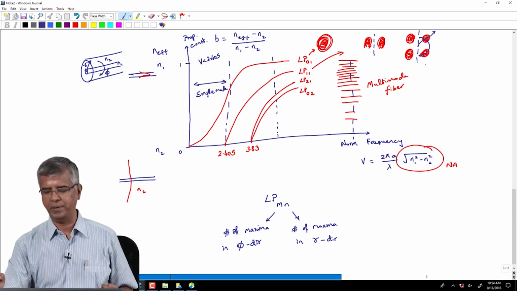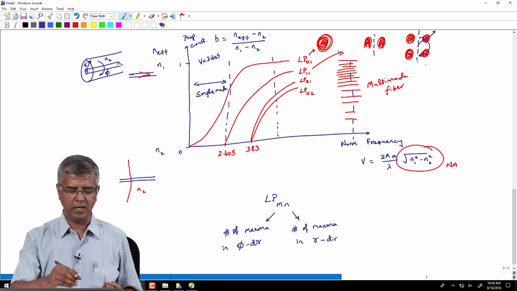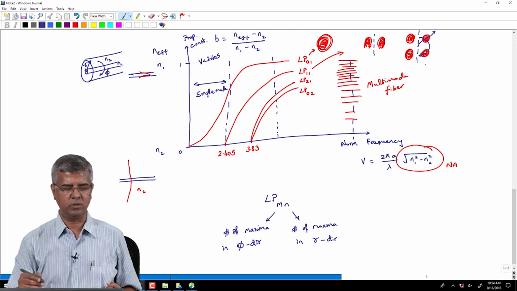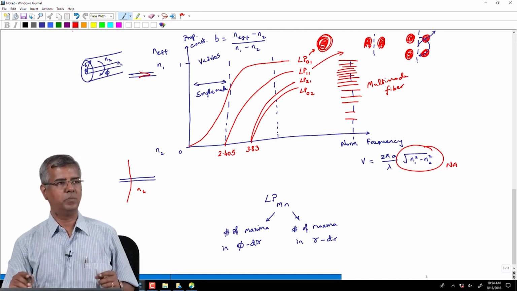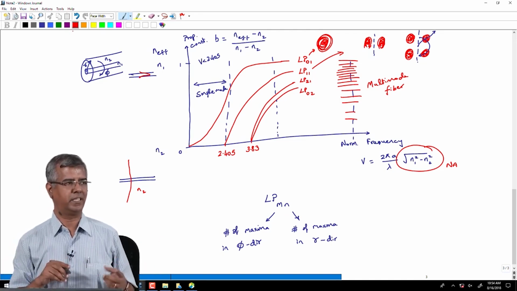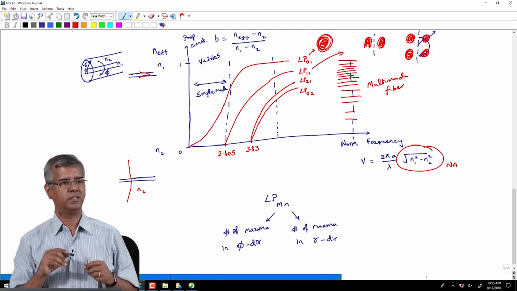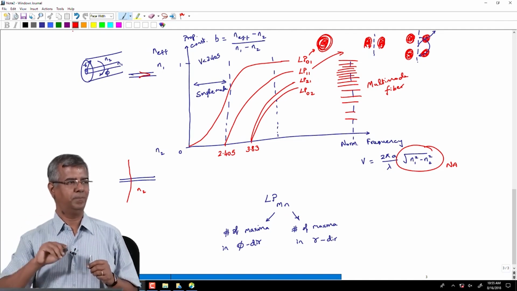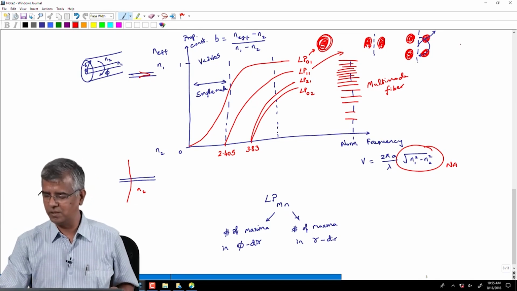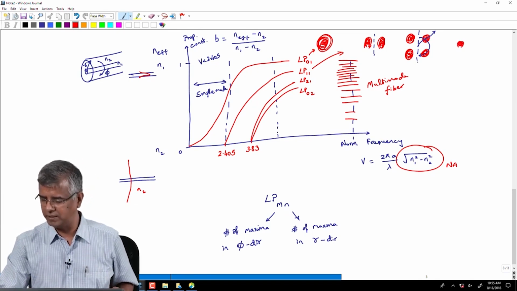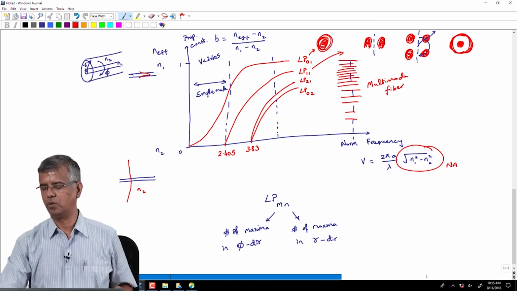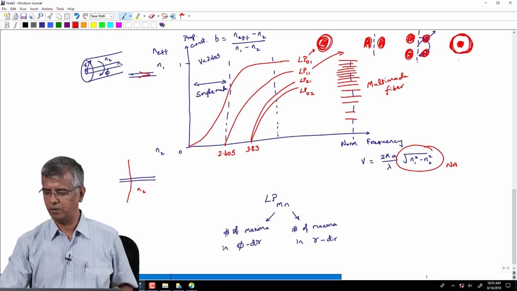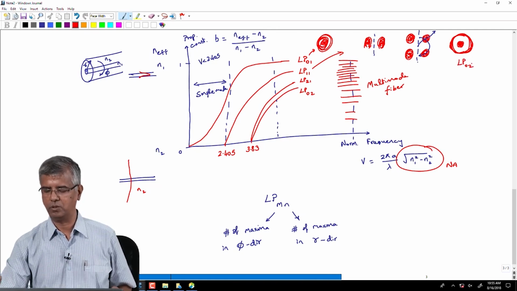So, this is an LP21. So, what is an LP02 mode? How is it going to look? 0 means there is no variation in the azimuth direction, so it is all uniform, but it has 2 maxima in the radial direction. So, how is that going to look? You are going to have one central peak here surrounded by another ring over here. That will correspond to LP02.